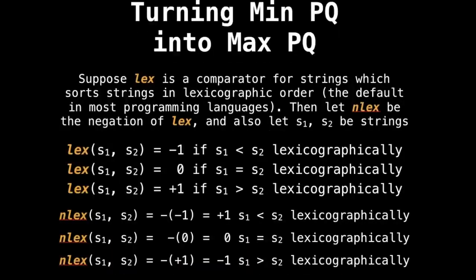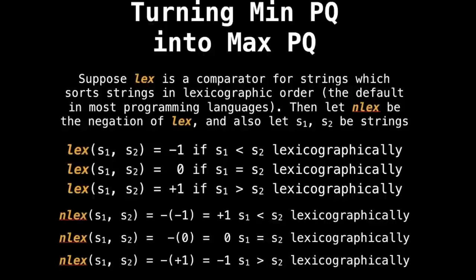Okay, now let's look at another example using strings. Suppose lex is a comparator for strings, which sorts strings in lexicographic order. This is the default for most programming languages. Then let's call nlex the negation of lex. And also let's assign s1 and s2 to be some non-null strings.